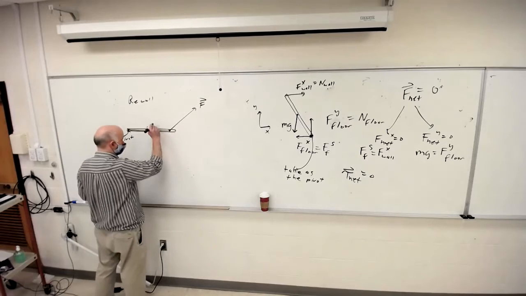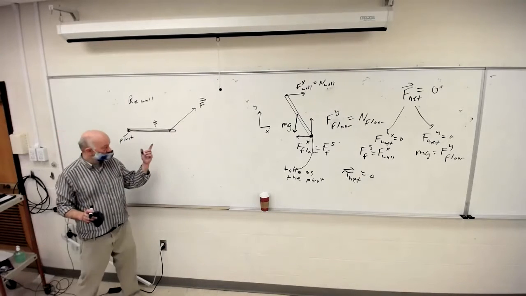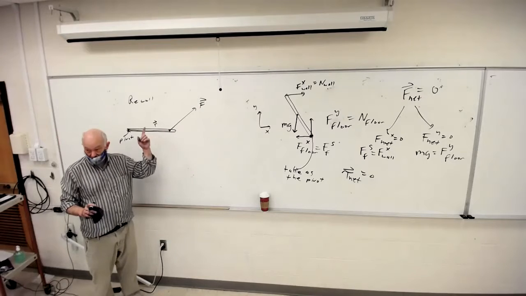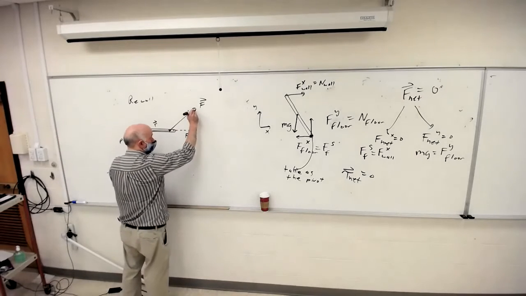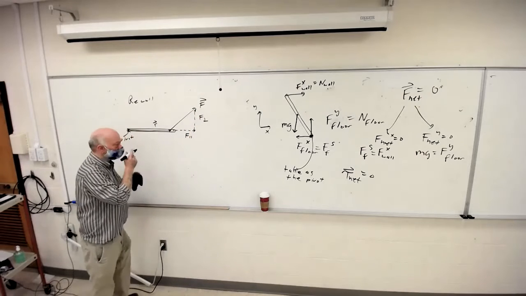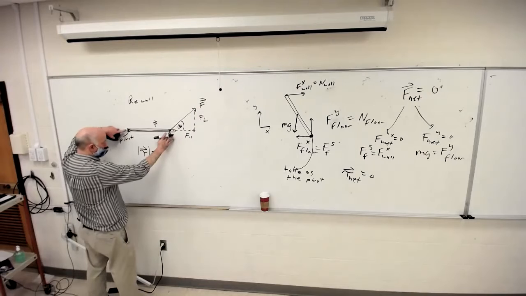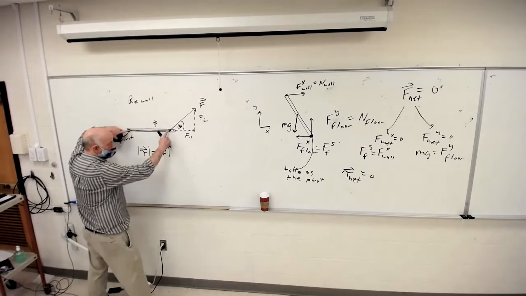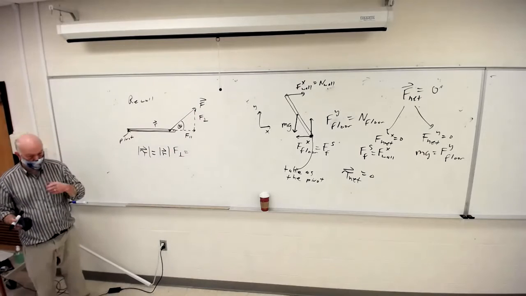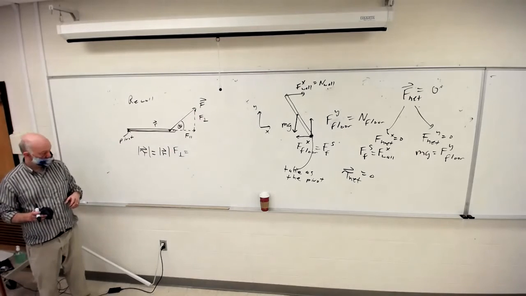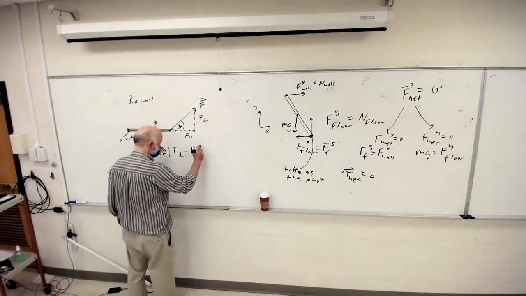We call this R. What can we do with that force? We break it up into parallel to R and perpendicular. We call this theta. The magnitude of the torque is the magnitude of R times F perpendicular. What is F perpendicular? Magnitude of F sine of theta.